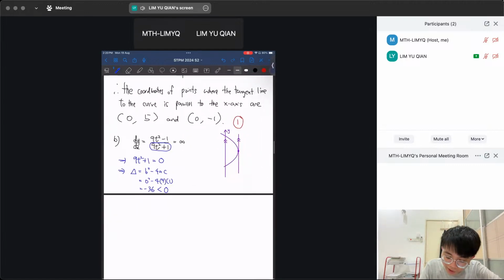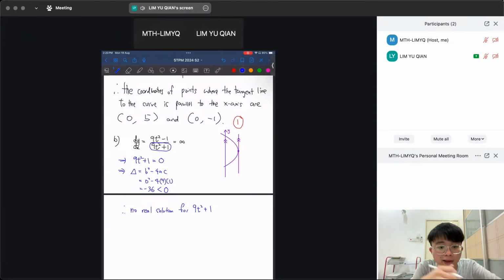So from here you can tell no real solution for this one, which means it can never equal to 0 for any real number. So no point can make the tangent a vertical line, or parallel to the y-axis.